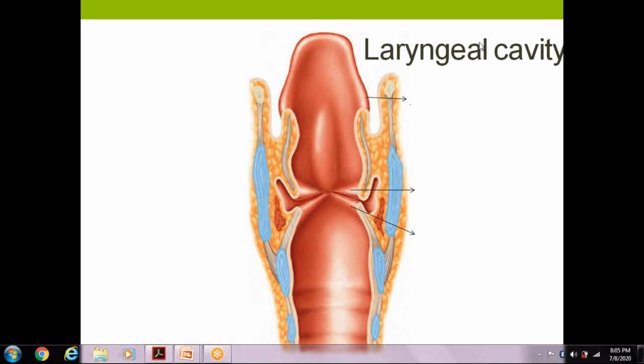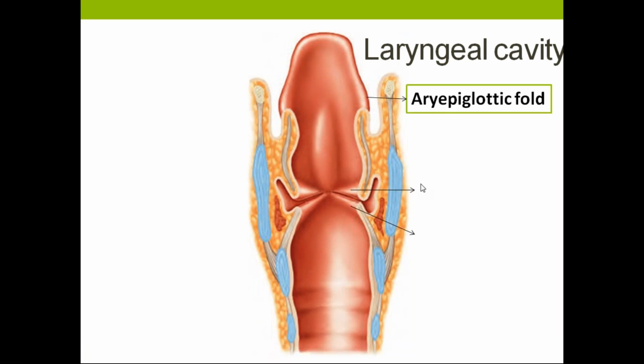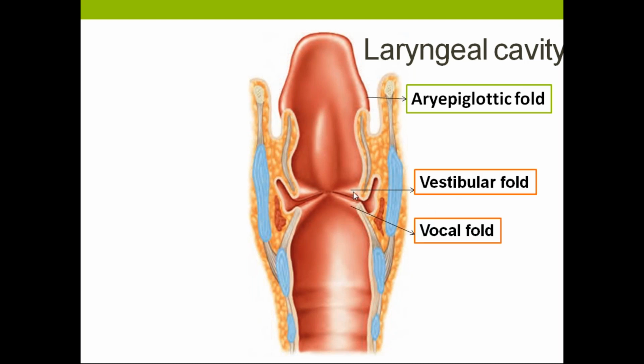Okay. So now you can see the three folds in the laryngeal cavity: aryepiglottic fold, vestibular fold, and vocal fold. This is the interior of the laryngeal cavity, what you are seeing. Okay. Now the space between the vestibular fold and vocal fold, you have a sinus here. This is called the sinus of larynx or ventricle of larynx or sinus of Morgagni.